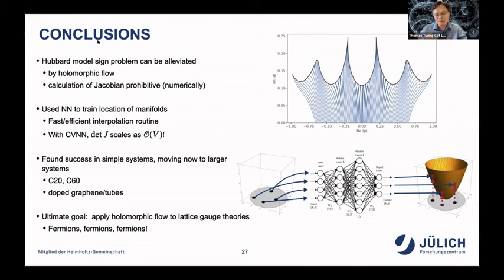But the important thing here is that once you've trained it, then you can calculate any observables you want with that same system. So we're not dependent on the observable, but we are dependent on the specifics of the system. Yes, excellent question.